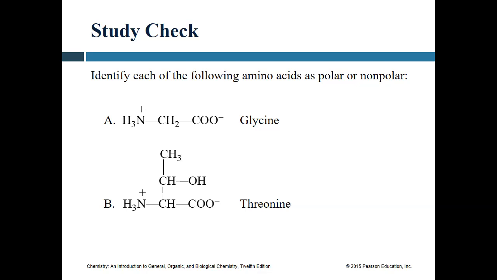So let's look at a couple of examples here. In each of these examples, we can identify this is my alpha carbon. There's my amino group on the left. There's my acid group on the right.